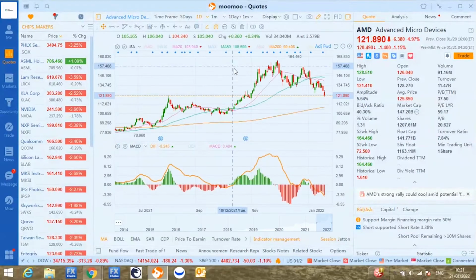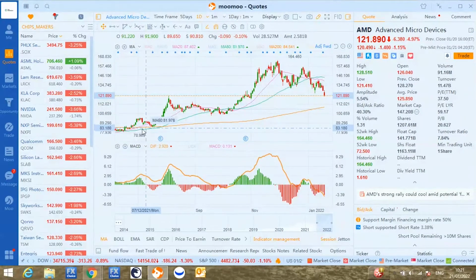I want to check the percentage that it has dropped from the high. The high is actually 164. I actually got in on AMD around the price of $70, $75. Yes, I have it in my personal portfolio and also in different Elite Pro funds.